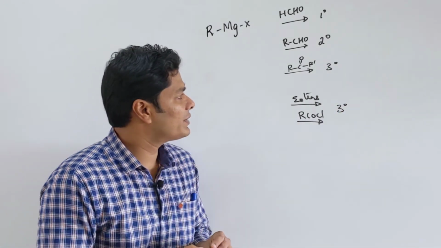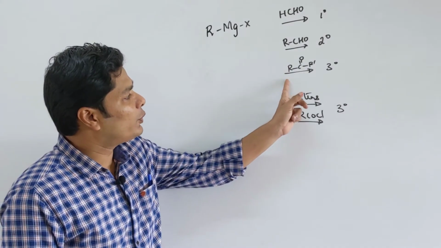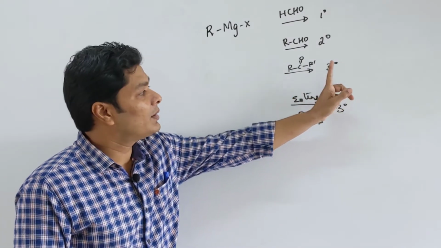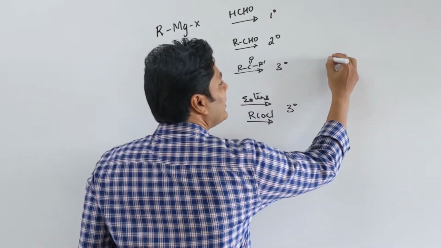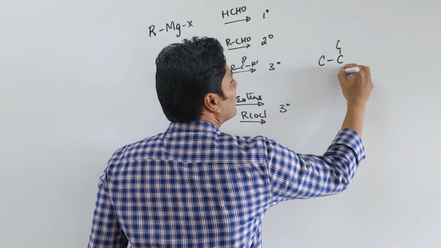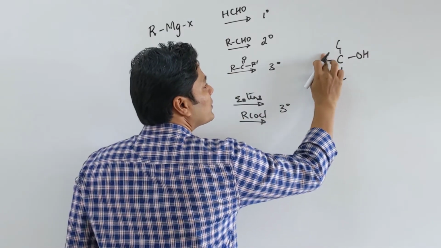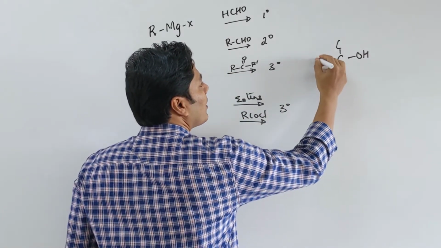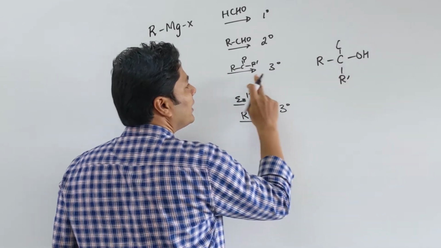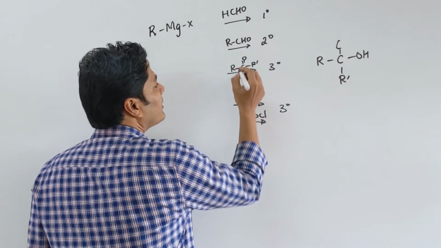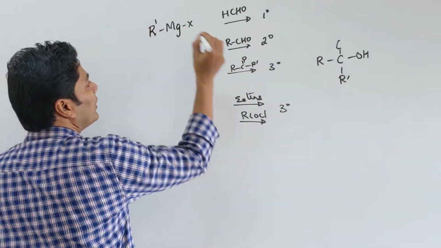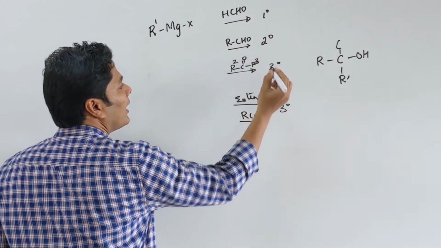But the major difference is, when you use a ketone to get a 3 degree alcohol, basically it is carbon, carbon, carbon, OH. The two R groups come from the ketone. Let's maybe even write it as R1, R2, R3.